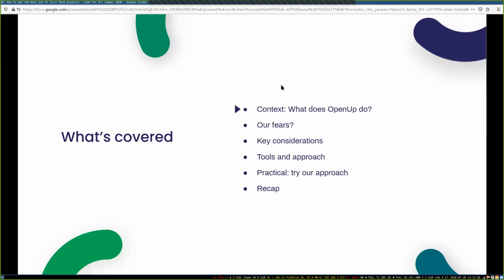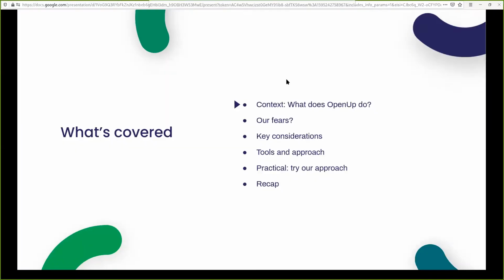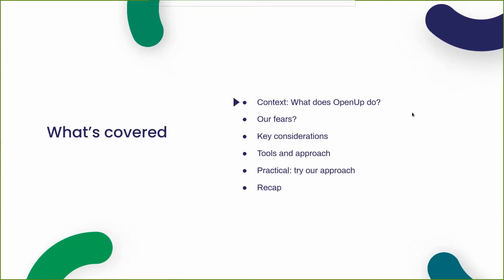So let me see if I can make this more full screen. There we go. So I'll have this little outline in a few places in the talk. First, I'm just going to give you a bit of context of what OpenUp does. I'm going to talk about our fears and failures and common mistakes.